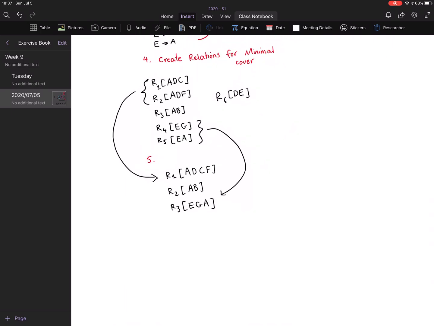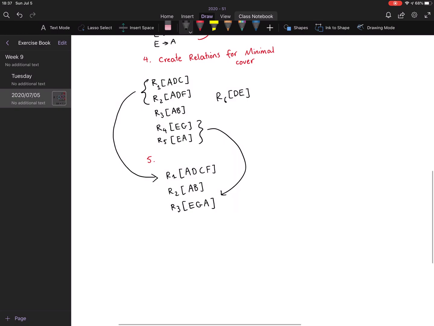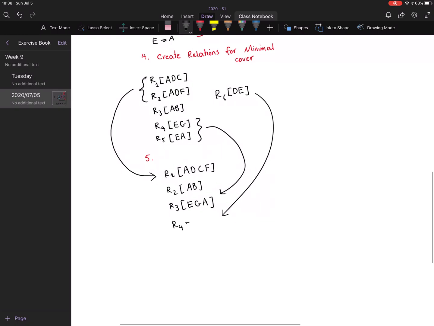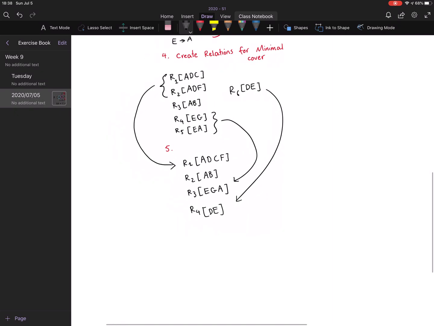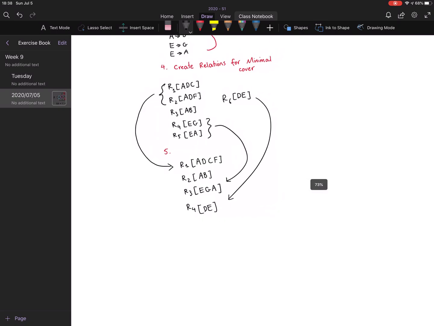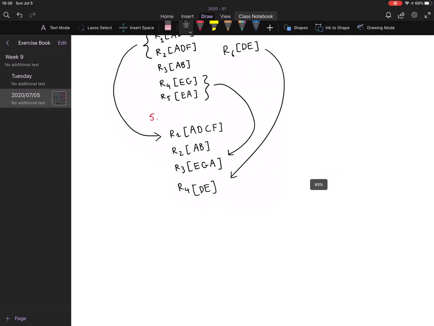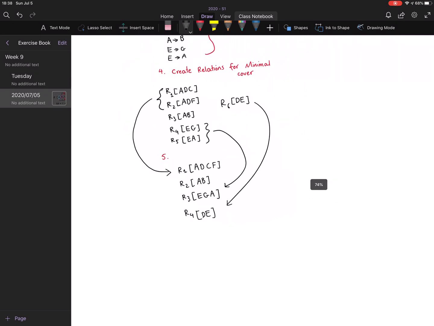Okay, now finally we have D and E. So we have R6, which just becomes D and E. Okay, we have R1, R2, R3, and R4, and those are the latest relations.